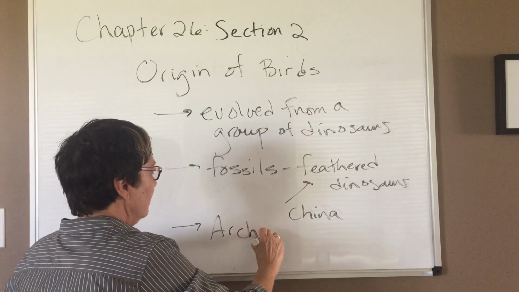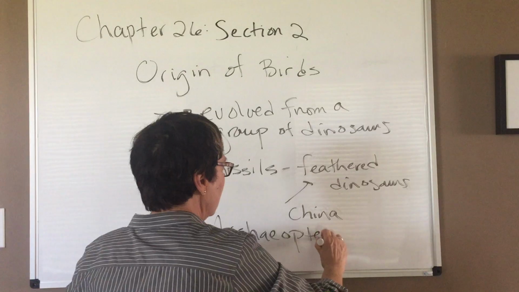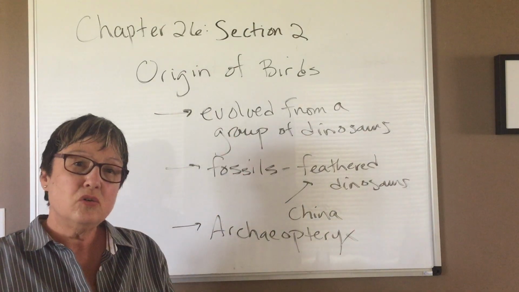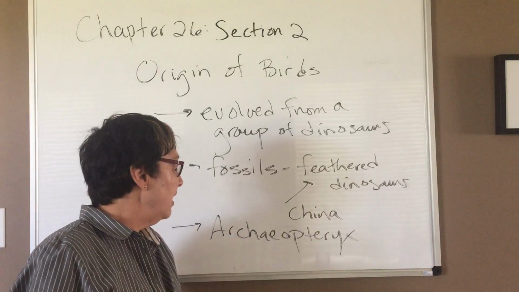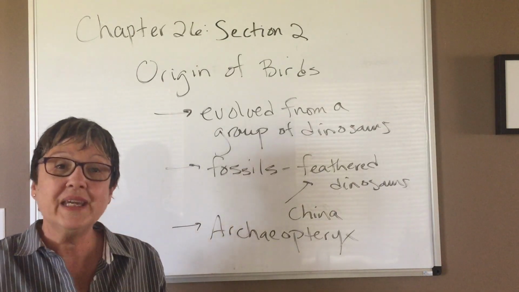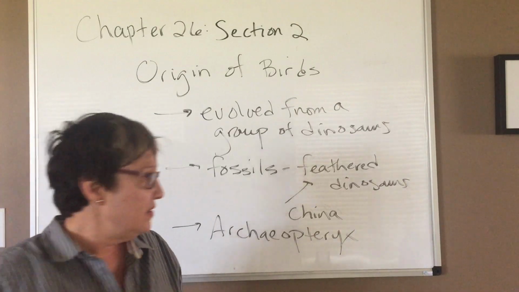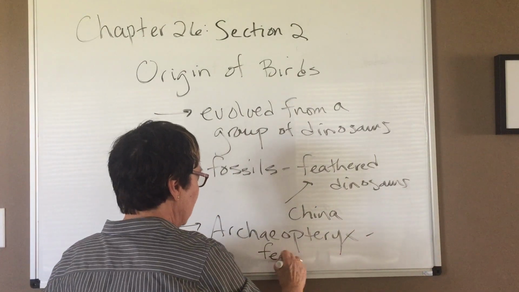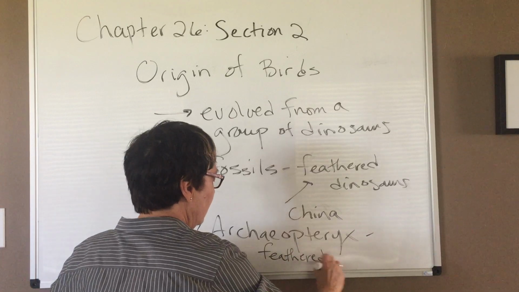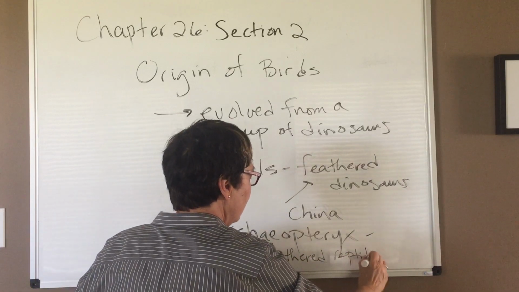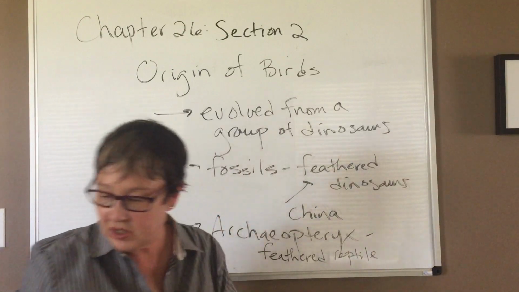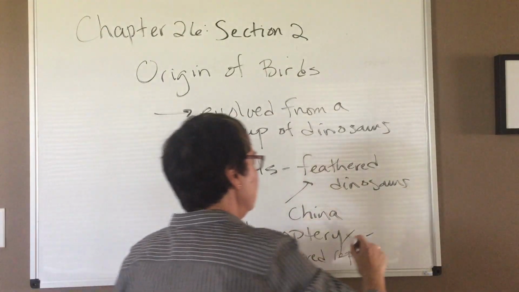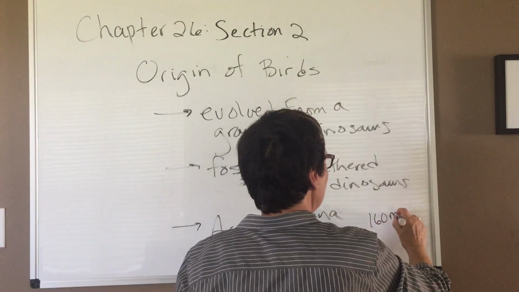Perhaps the earliest known bird fossil that we have is a fossil called Archaeopteryx, and this is essentially a feathered reptile. This particular fossil is about 160 million years old.